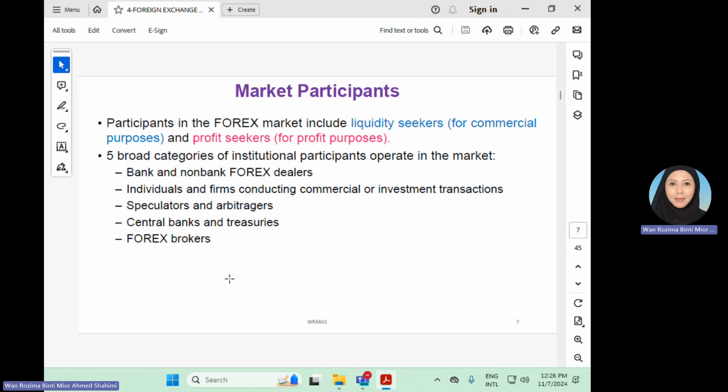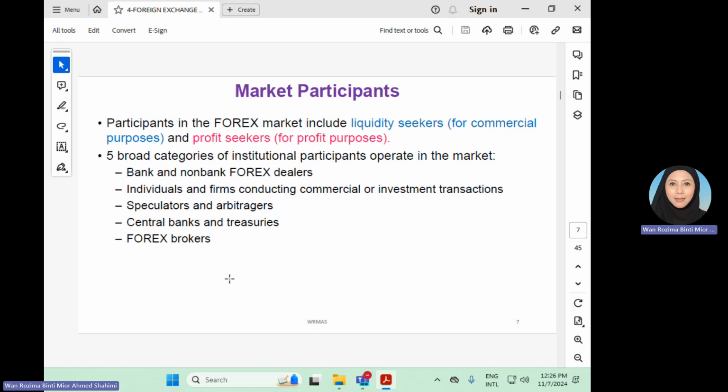Liquidity seekers secure currency for transactions. The profit seekers earn profit from the difference between price A and price B between different periods or different rates. The purpose is to earn profit.